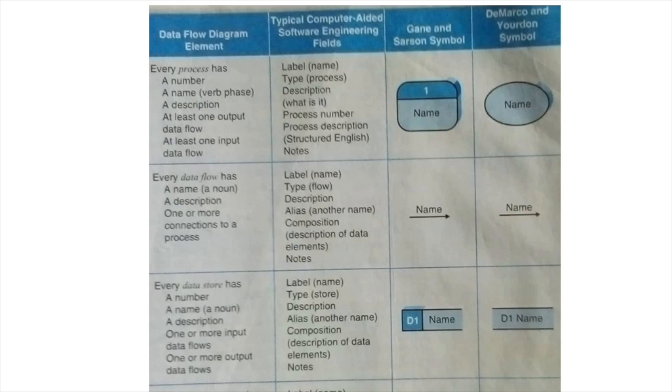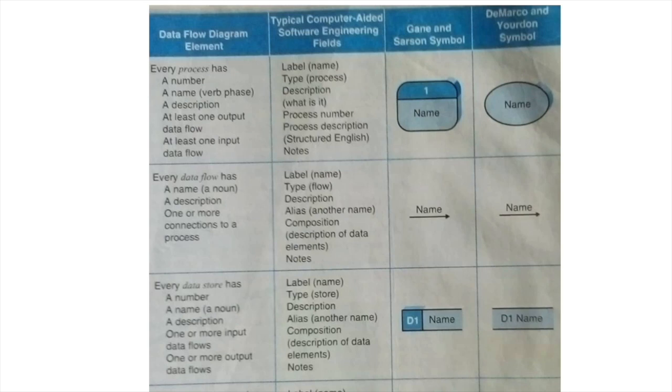If you look at some textbooks, a particular one is being used. So in these two types of symbols, you can see how they use different symbols to represent each of these elements. But for the purpose of this presentation, we will focus on Gane and Sarson symbols.